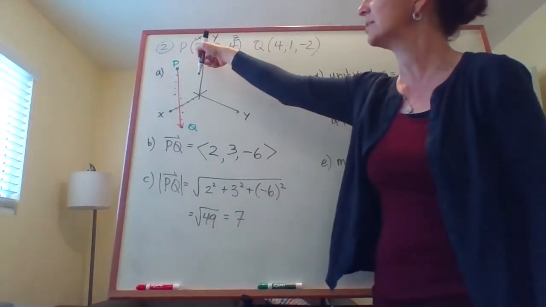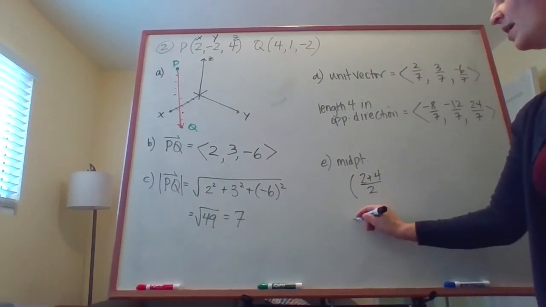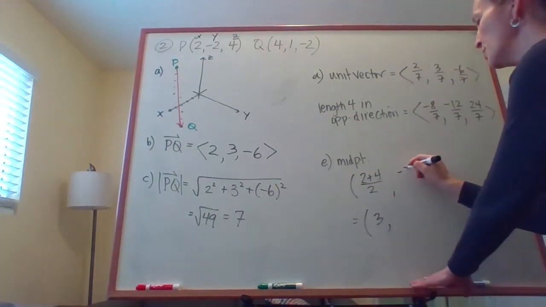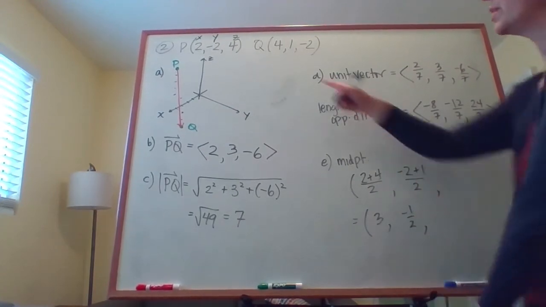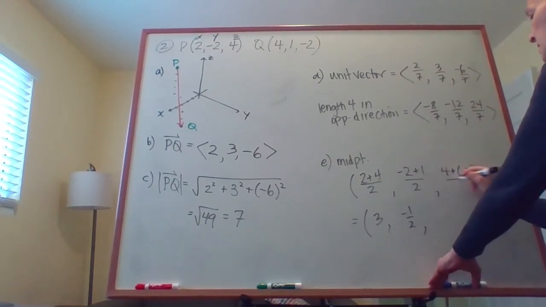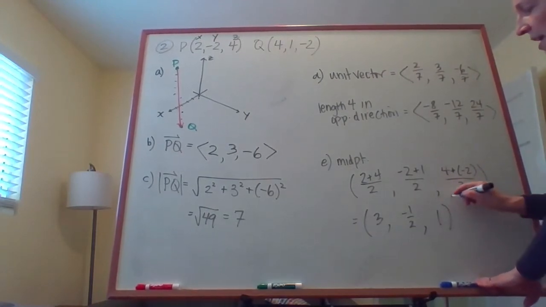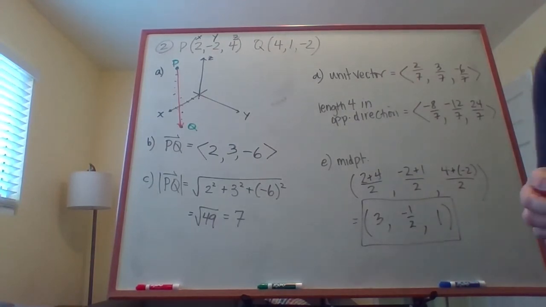So I add the 2 X components. 2 plus 4 is 6, and I divide by 2, so I end up with 3 for the X component. -2 plus 1 over 2, I end up with -1/2 for the Y component. 4 plus -2 over 2, I end up with 2 over 2, or 1 for the Z component. So the midpoint of the PQ vector is the point (3, -1/2, 1). And that's the end of problem 2.